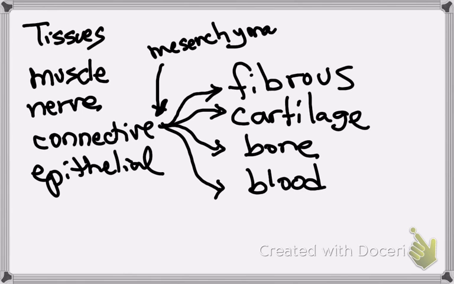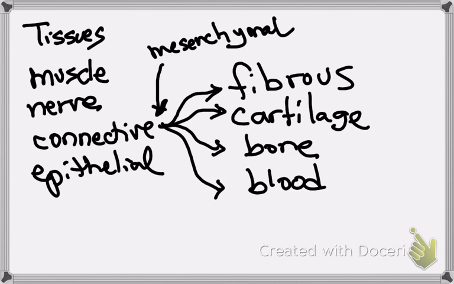So in the embryo, these mesenchymal cells are producing fibers to make a mesenchymal connective tissue, which is a fibrous connective tissue. And then, depending on where in the body it is and what growth factors signal it, it's going to differentiate into fibrous connective tissue or cartilage or bone or the blood-forming tissues. Okay?